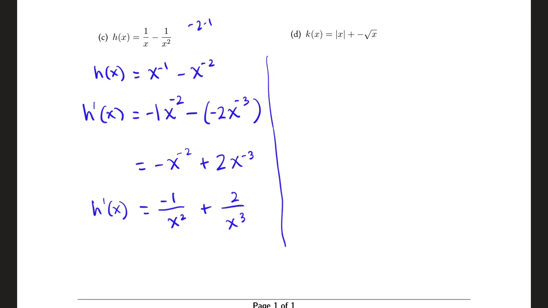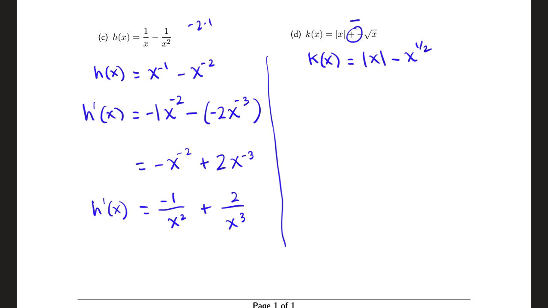And lastly, first we rewrite this as k of x equals the absolute value of x minus the square root of x, which is x to the 1/2 power. There's a typo here: plus minus is minus.